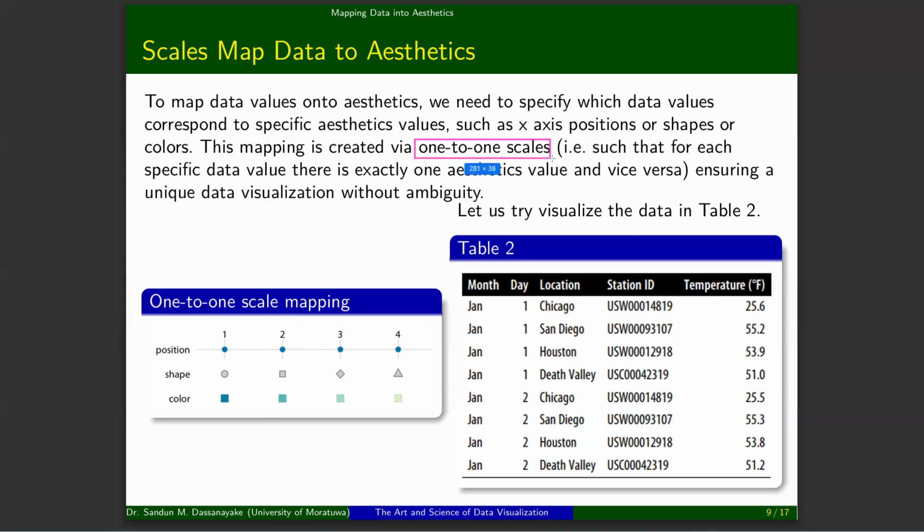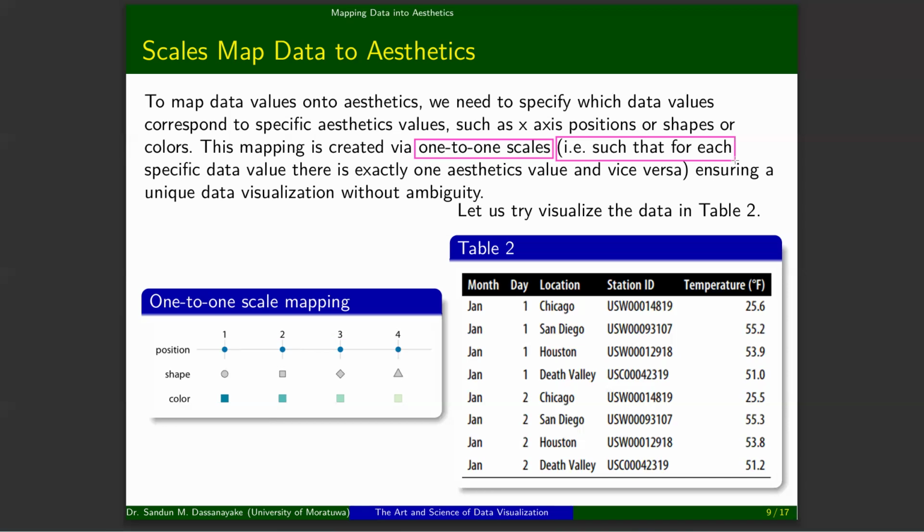That's very important. One-to-one scale, such that for each specific data value, there is exactly one aesthetic value and vice versa. If I was talking about this in the class, we would be thinking about love affairs. It has to be one-to-one. Maybe we can agree to disagree, but one person has one partner, if that is the case.